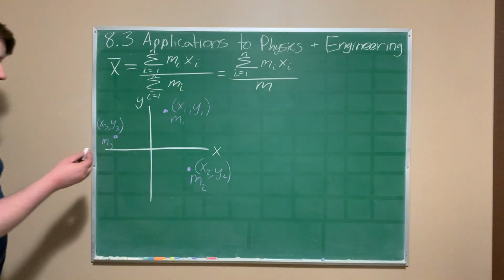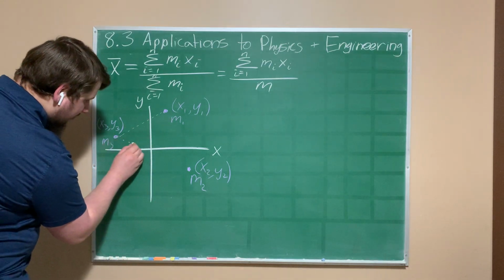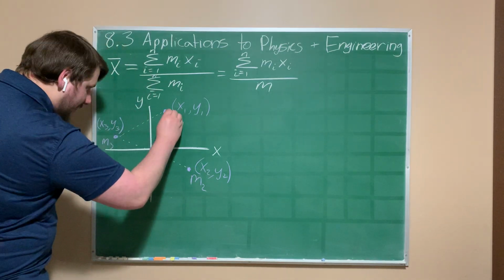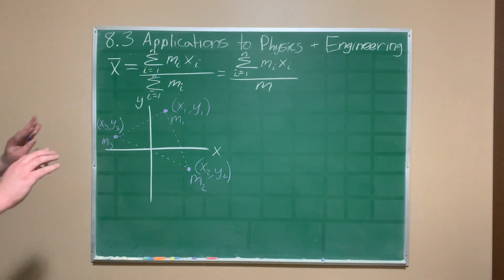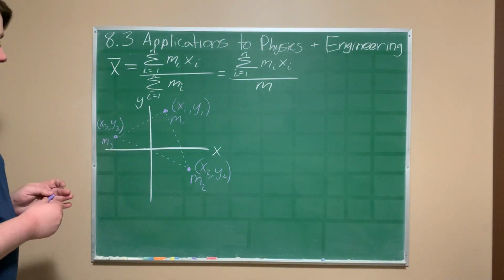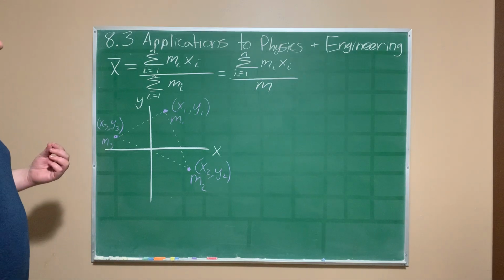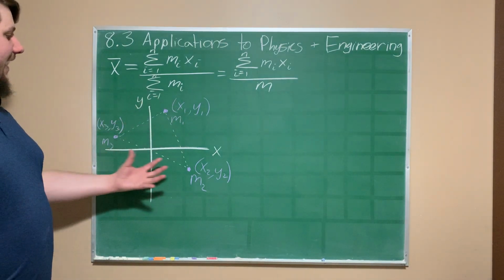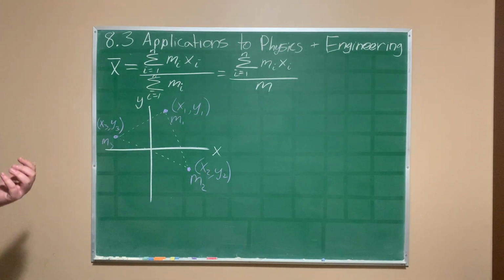You can imagine there are little connections that have no mass at all, but just keep these three points in a single plane. Imagine that they can't move independently of one another. They're all sitting there in this plane. We want to find what point could balance this entire shape. That's the question. So some point in here should balance this.